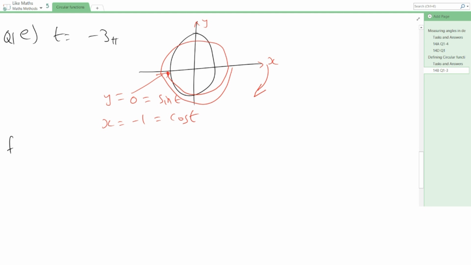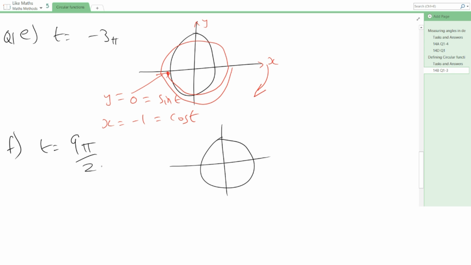Okay, question f. t is 9 pi over 2. So this time it's going to be going around the circle a number of times. First thing to check is that it's positive, so we'll be measuring around this way.